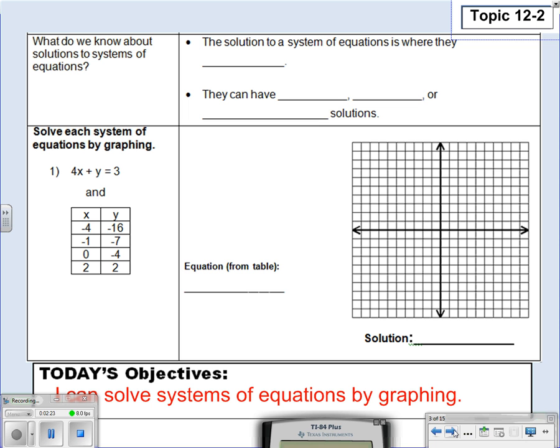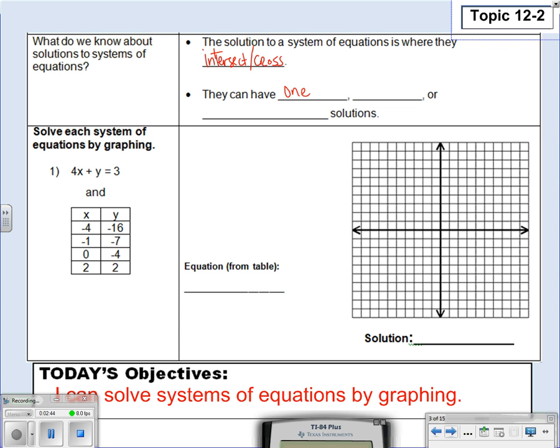So what do we know about solutions to systems of equations? The solution to a system of equations is where they intersect, or where they cross. They can have several different types of solutions. There are 3.